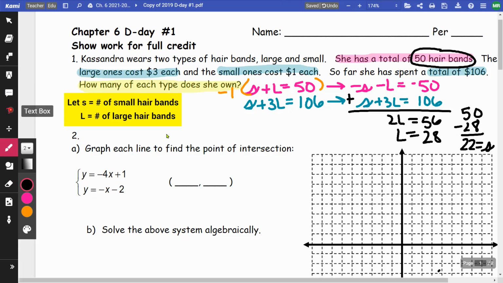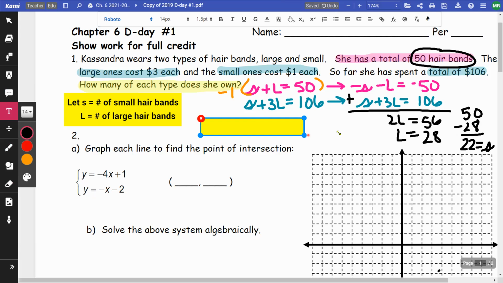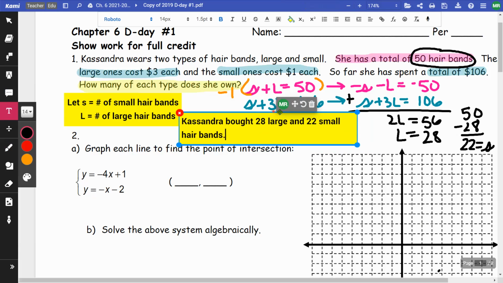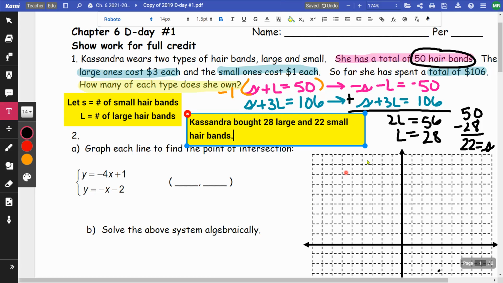So Cassandra bought 28 large and 22 small hairbands. And that's going to be my answer.